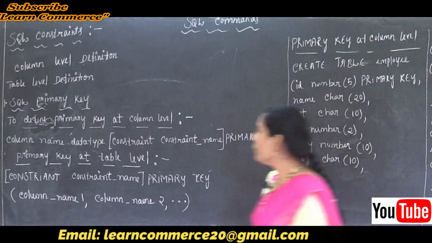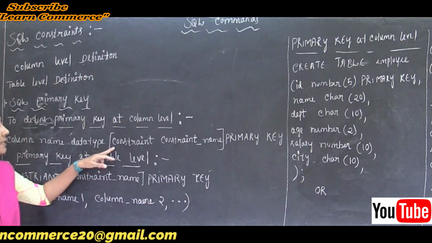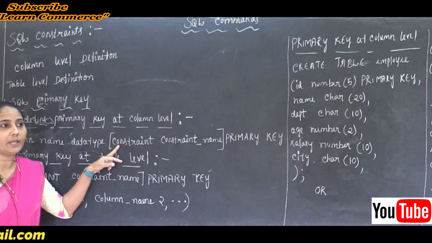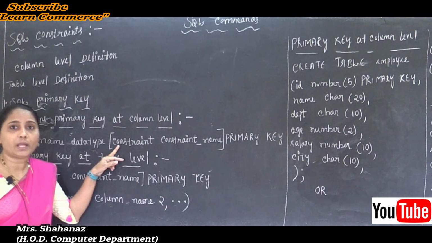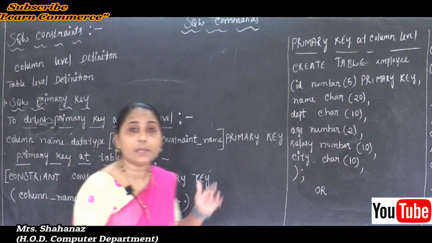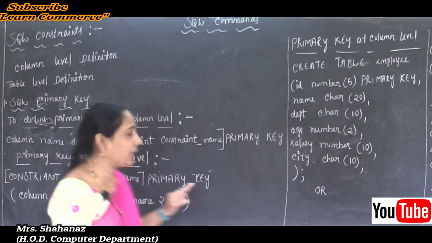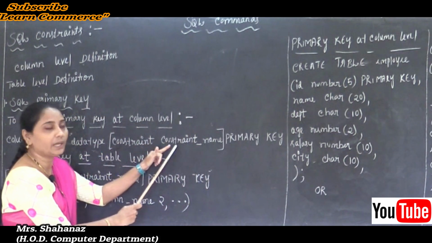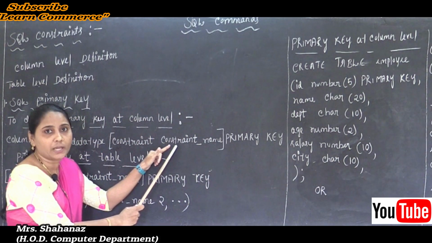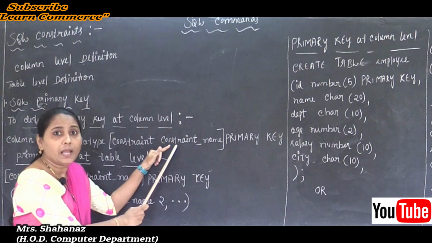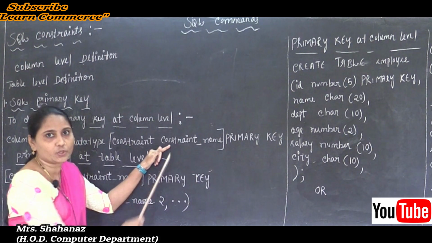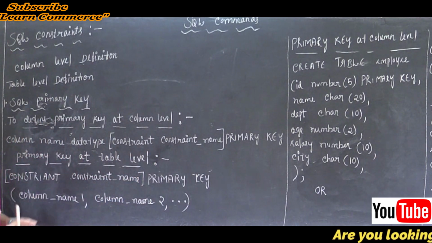And one more thing in this syntax is the constraint underscore name. The constraint underscore name, the syntax within the square brackets, is optional. If you want, you can use it while creating the table, and if you don't want, you can leave it. Why?